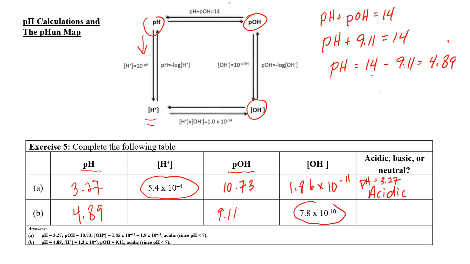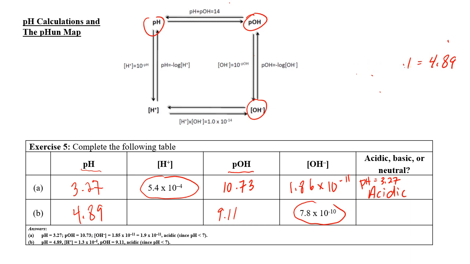So first, let's use the pH to find the H plus. Stay in the right-hand lane, and it tells you what equation to use. So I know my pH is 4.89. That means the H plus is going to be 10 to the minus pH.